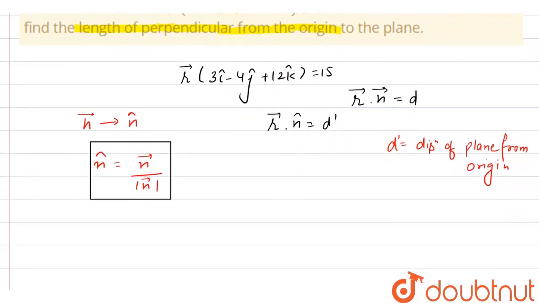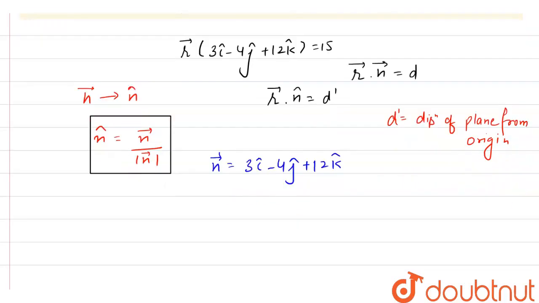Right, so now let's find the magnitude of this n vector. In this question we have n vector equals 3i cap minus 4j cap plus 12k cap.